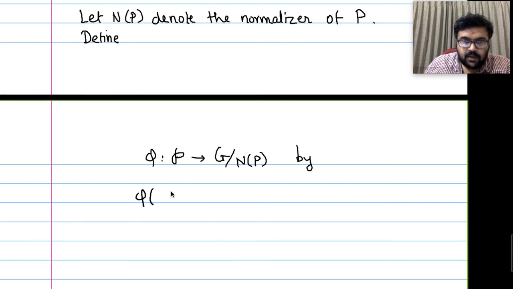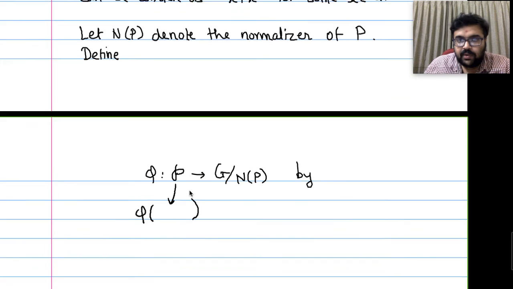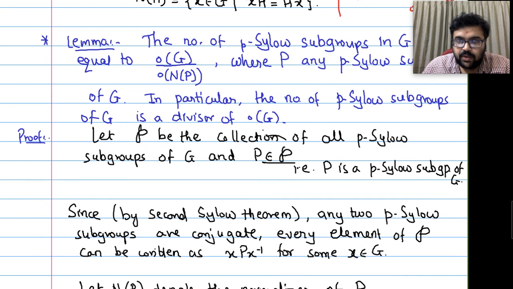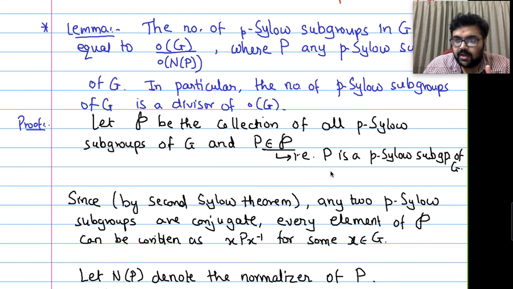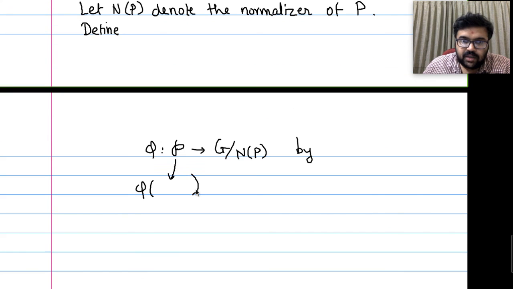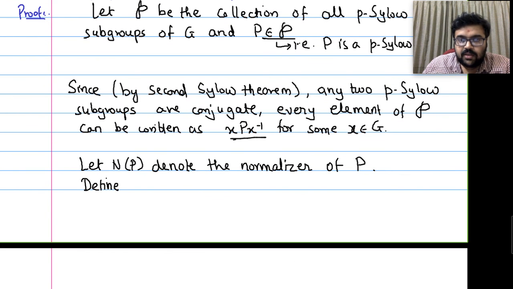How do we define it? I need one element here. I know one element: P is a p-Sylow subgroup. But how do we define it in general? Since every two p-Sylow subgroups are conjugate, every p-Sylow subgroup can be written as a conjugate of P, that means x p x inverse for some x.